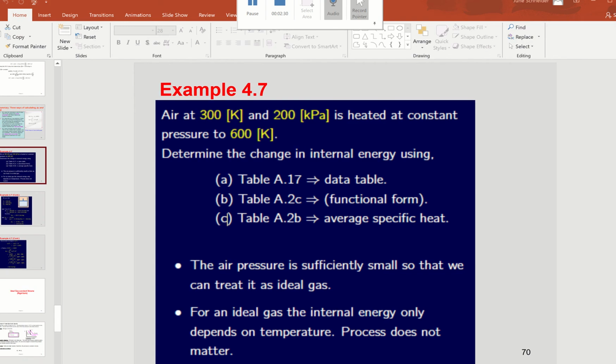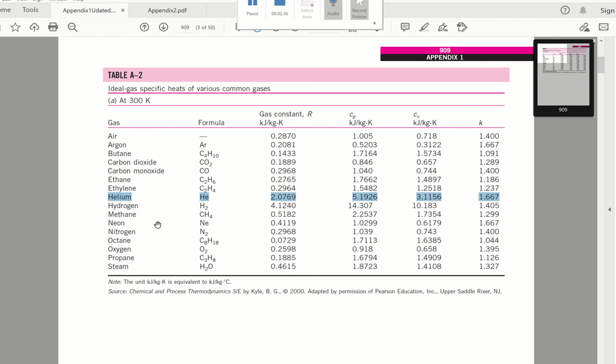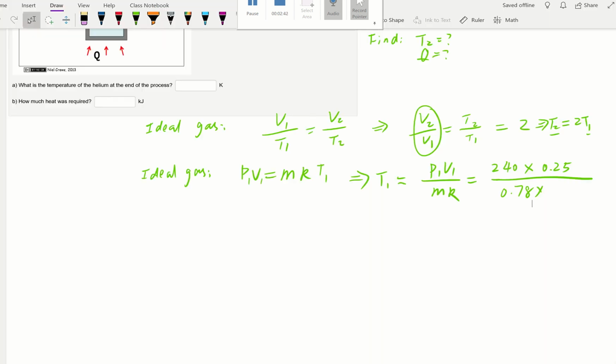R is the gas constant, so for helium, the R is 2.0769. So from here we can calculate our temperature, and that's gonna give us the unit of Kelvin.